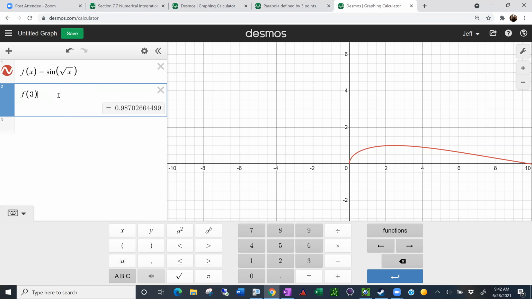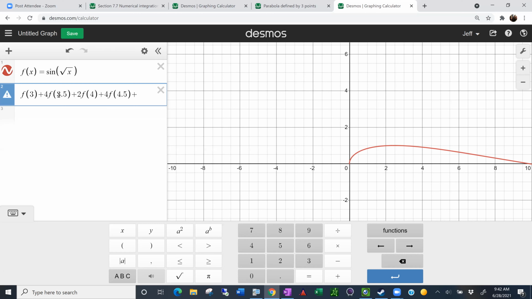And I could add 4 times f of 3.5, and so on, plus 2 times f of 4, plus 4 times f of 4.5, and so on.